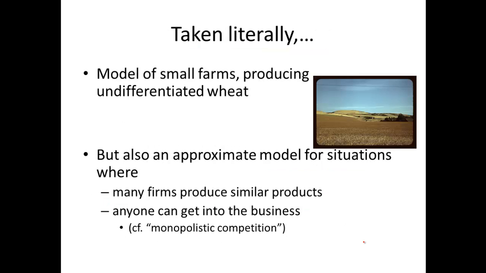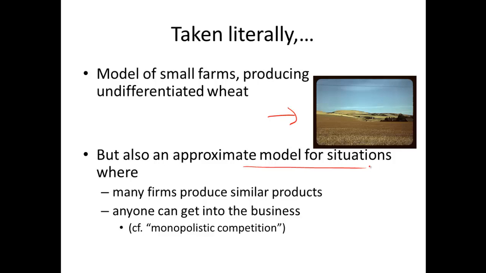Now, taken literally, if you think about a context with lots of small firms producing identical products, you might think of a bunch of small farms producing undifferentiated wheat. Here's a pretty picture of something like that over there. I would also say, though, that the model should be viewed as an approximate model for situations where many firms produce similar products and anyone can get into the business.